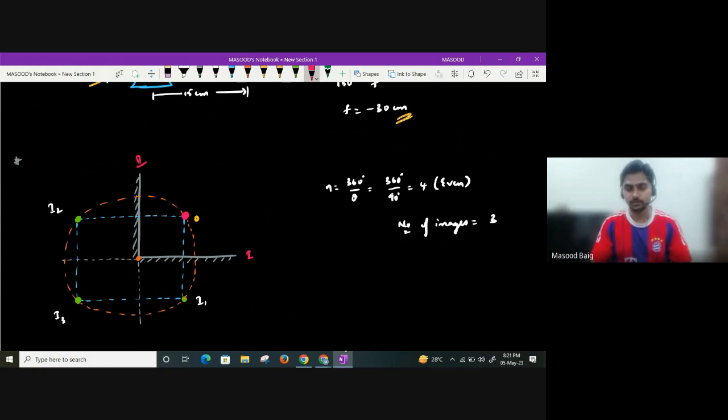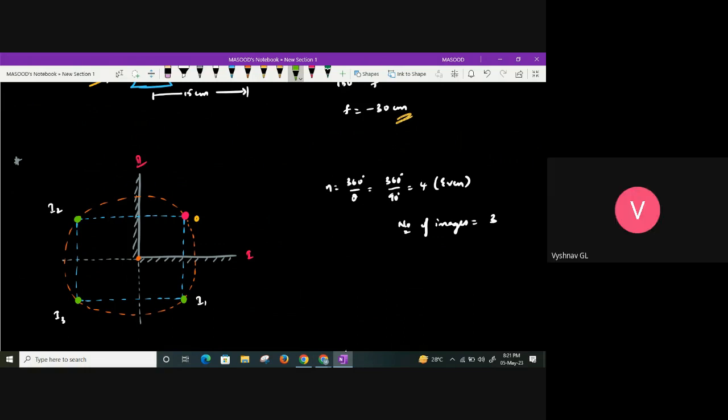The first mirror will form the image at I1, and the second mirror will form the image at I2. The image formed by the second mirror will behave as an object for the first mirror, and in the same manner the image formed by the first mirror will behave as an object for the second mirror. So I1 is an object for the second mirror, and I2 is an object for the first mirror. Both of them will form the image at this point, I3, and the images will lie on a circle. Clear? Yes. Next doubt, please.